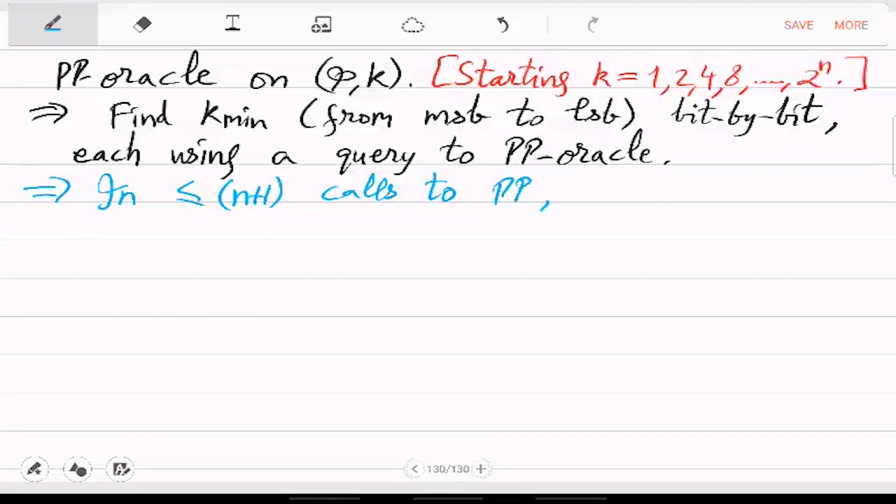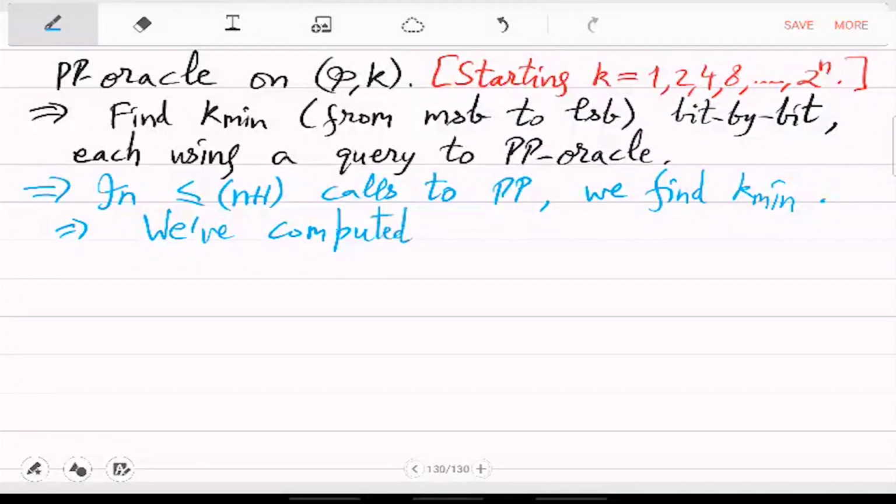we find k min, and so it means that we have computed the number of satisfying assignments.